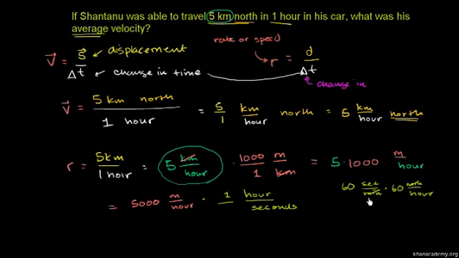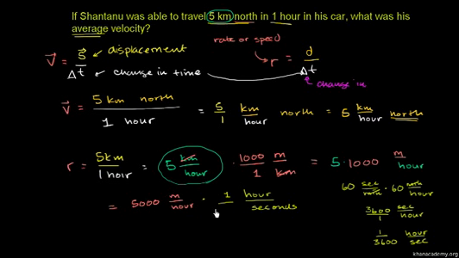The minutes cancel out. 60 times 60 is 3,600 seconds per hour. Or if you flip them, you would get 1 over 3,600 hours per second, depending on how you want to do it.